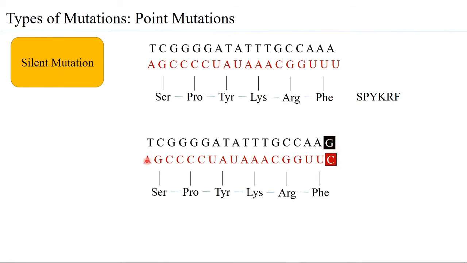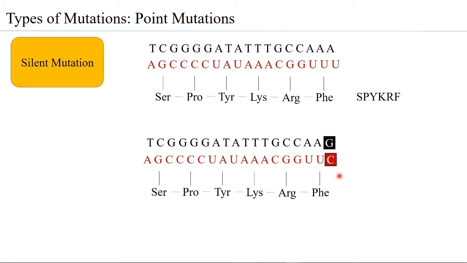Now, effectively, suppose you have all of these getting translated, but UUU and UUC code for the same amino acid. Why does this happen? Because it is observed that one amino acid can be coded for by more than one codon.